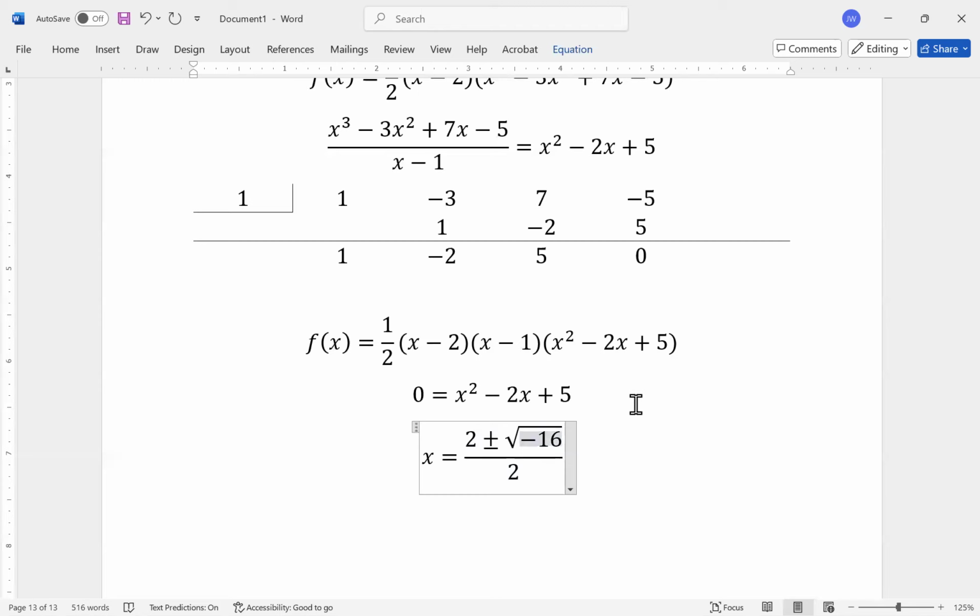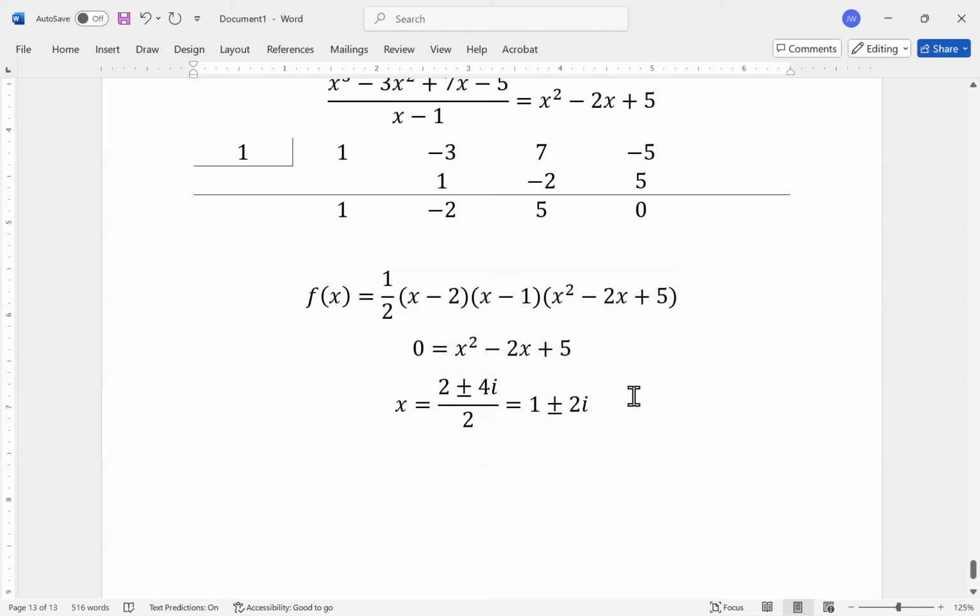So square root of a -1 is an i. Square root of 16 is 4. So that's 2 plus or minus 4i, which is 1 plus or minus 2i. So that gives me the two solutions to this quadratic equation, and that means I have 4 zeros overall.